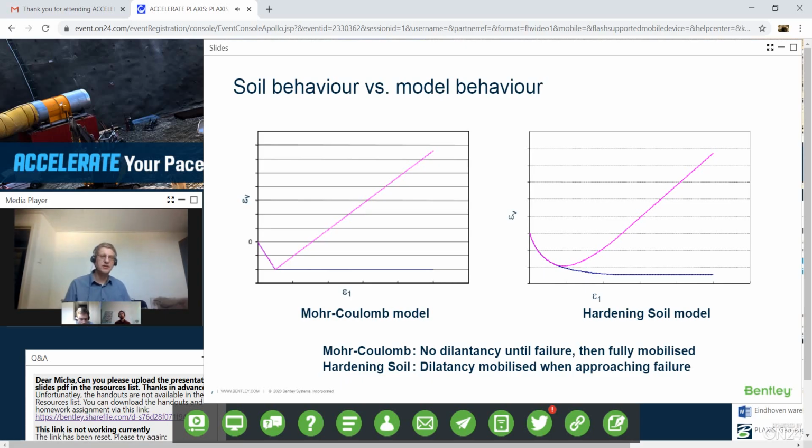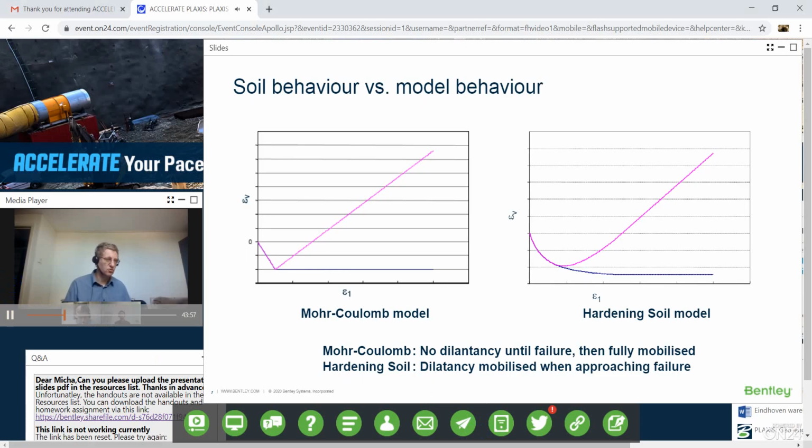So we didn't reach failure yet, but I already see an effect of the dilatancy when strength is mobilized more and more. I also see that it's not completely a straight line. It curves in the beginning. So at the moment the purple line starts deviating from the blue line, I slowly mobilize more and more of the dilatancy.